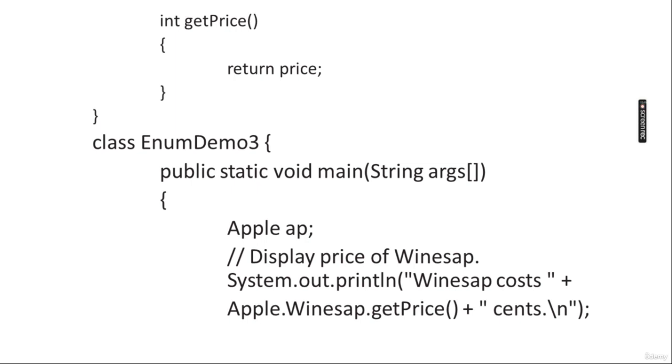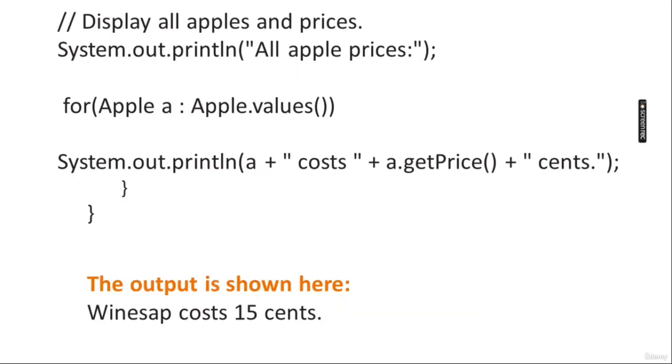Then in public static void main, we are creating an enum object Apple AP. Now Winesap cost will be Apple dot Winesap dot getPrice cents. So I will display the Winesap price for that particular enum constant, and then all apples and all prices.